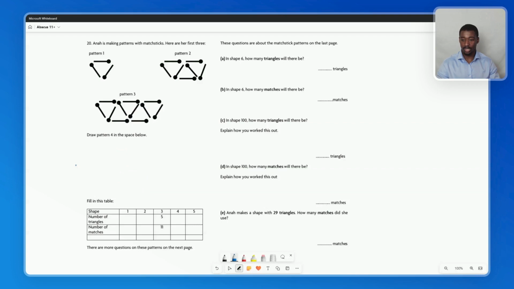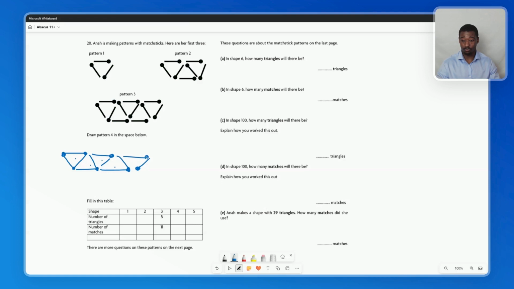So let's try and draw this in. So we have 1, 2, so that's 1. And then we have the next one. For this, we can simply copy what we have here already. And then we bring it back again. Just copying pattern 3 so far. Okay. So that's pattern 3 with the 1, 2, 3, 4, 5 triangles.